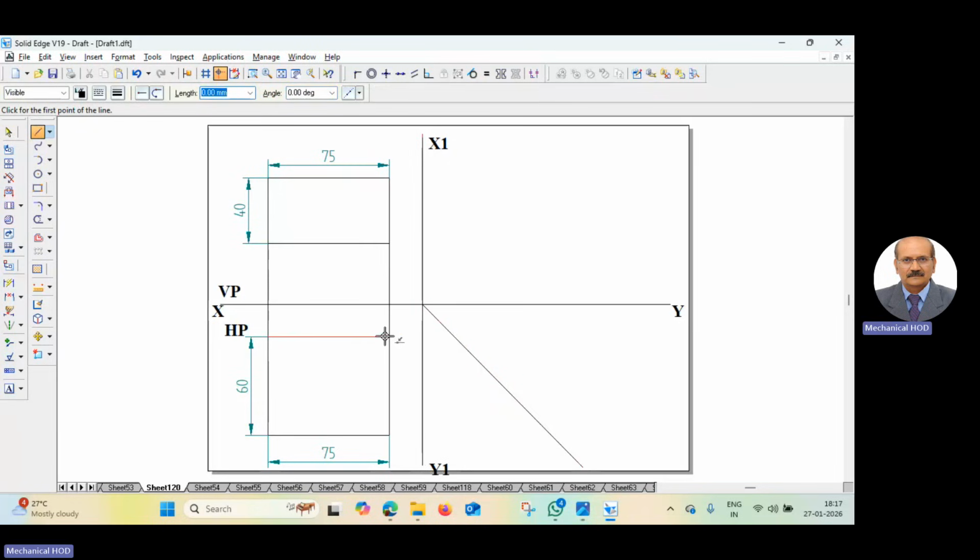Now again, to get the side view, project from the top view up to the 45-degree line. You stop where it touches the 45-degree line. From there, draw one vertical line up. See, use the alignment indicator like this. Up to here, you have to draw it.